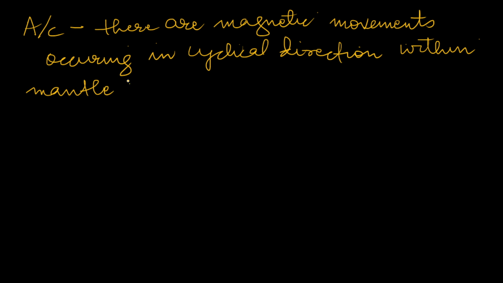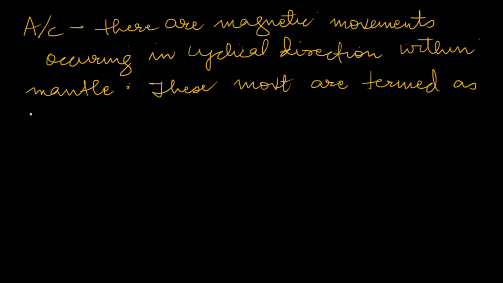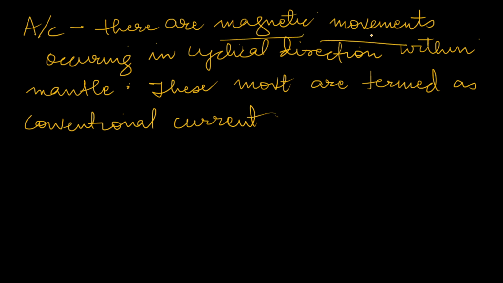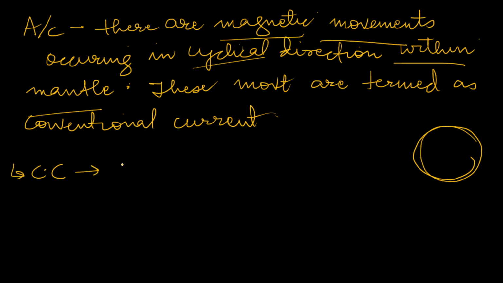These movements are termed as convectional currents. So what it says is that there are movements occurring in a cyclical direction, that is like a cycle, within the mantle, and these movements are known as convectional currents. So these convectional currents include three parts.